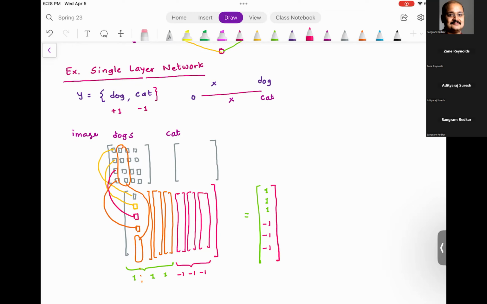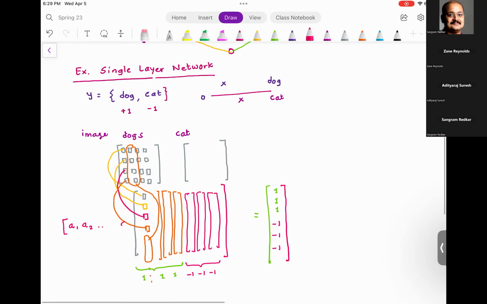Then I'm going to have a sort of coefficients A1, A2, all the way to A6. So these are the weights.